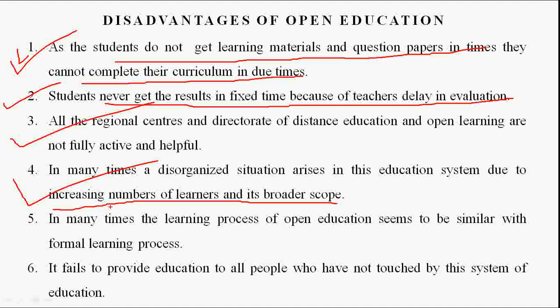Or maybe for some reasons students are not able to join a formal education institution to continue their education. All these people come to open education. That means working persons, or all the students who do not have good marks and can't join formal education, come here.